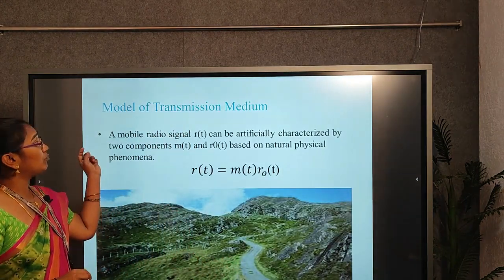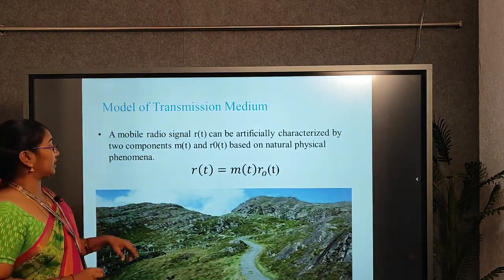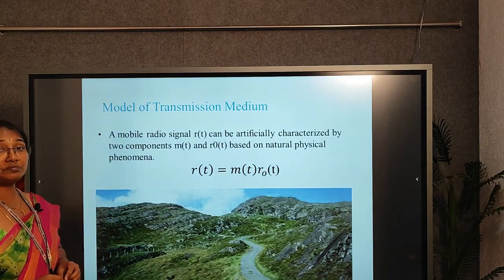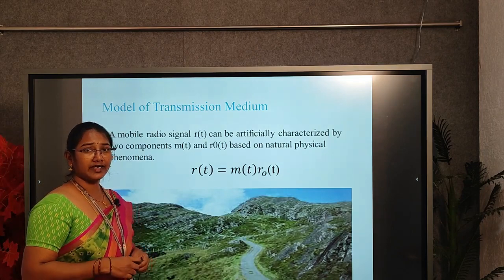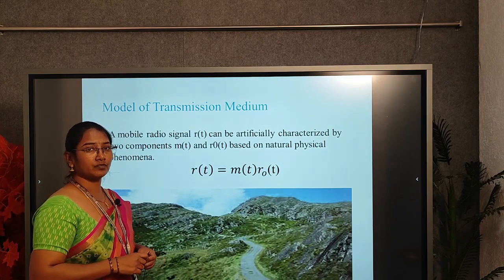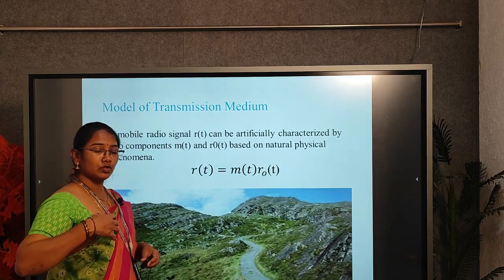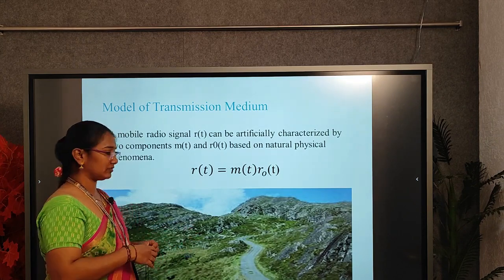Okay. Next, model of transmission media. Transmission media means the area or the path along which the signal is transmitted.